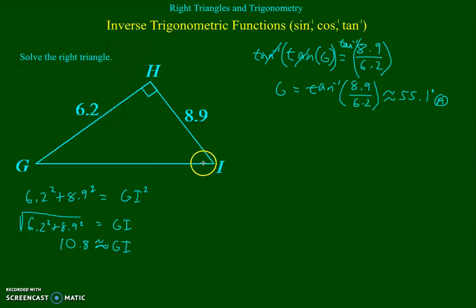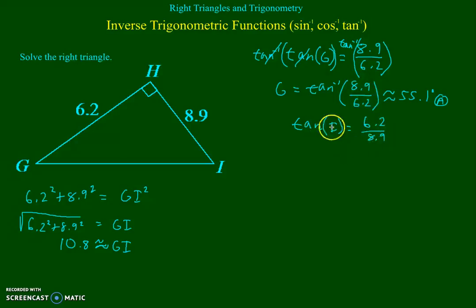So, SOH CAH TOA: some old horse, caught a horse, taking oats away. It's tangent again. So the tangent of I equals taking oats away, 6.2 over 8.9. Notice they're reciprocals of each other.